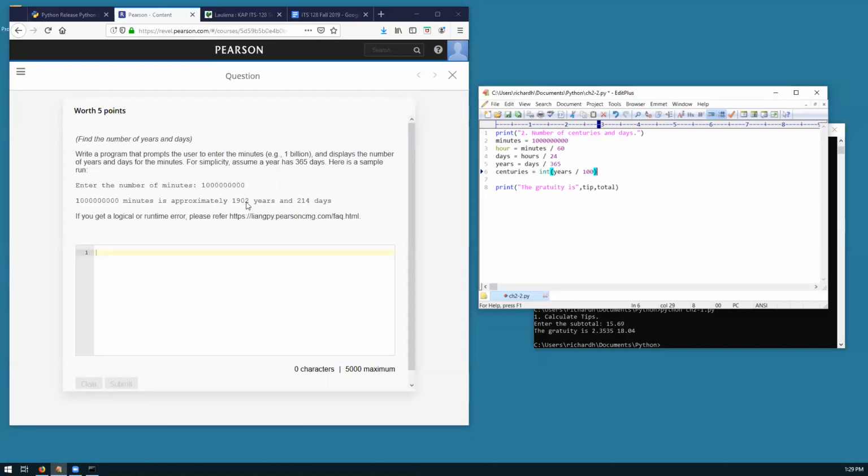So it should be 19 centuries plus 365 plus 365, which is 730, plus 214, which is going to be about 944. So let me say that years, centuries is that, and days is that.